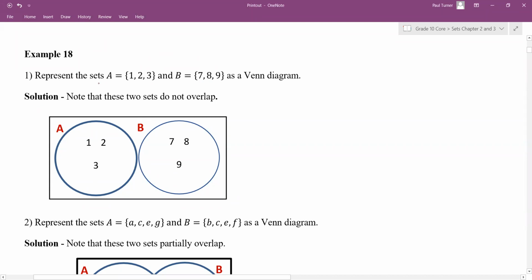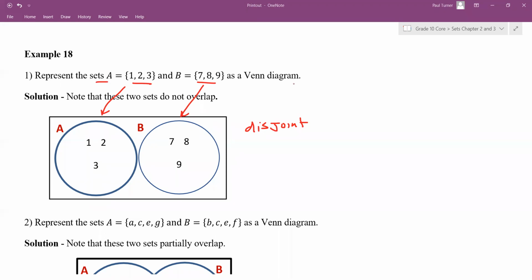So imagine you have sets A, which are 1, 2, 3, this set here, and set B, which is 7, 8, 9, which is here. And you notice how the numbers are all different. So that means that the circles are not touching. So in this case, later on, you'll learn about disjoint sets.